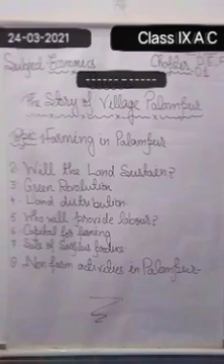Okay. After that, your next topic is, will the land sustain? It means that due to the overuse of natural resources and also overuse of all the modern techniques like artificial insecticides, pesticides, fertilizers, and over irrigation in the field, soil loses its fertility and also over irrigation is responsible for reducing the groundwater table.